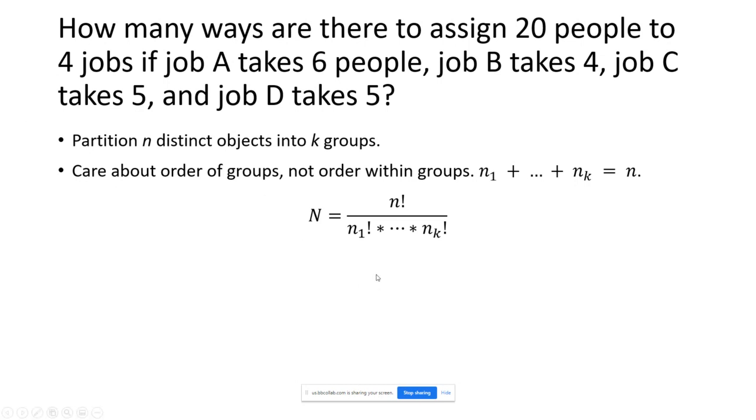So we need to divide out the possible orders of people assigned within each group, because we don't want to count those. Questions about this?